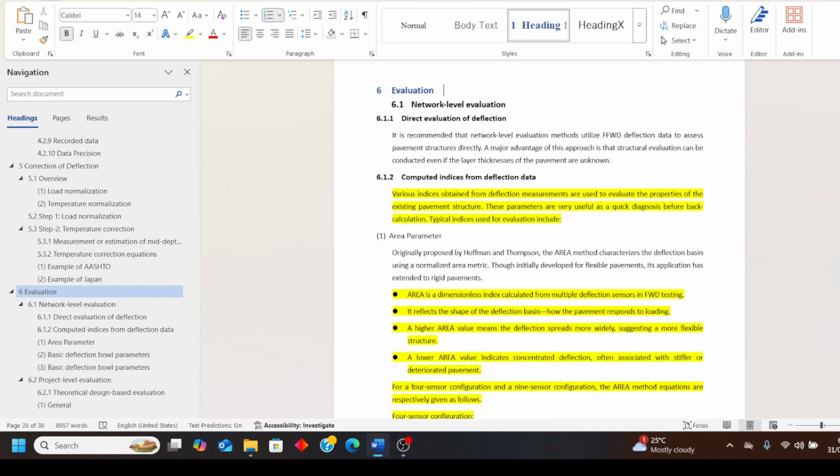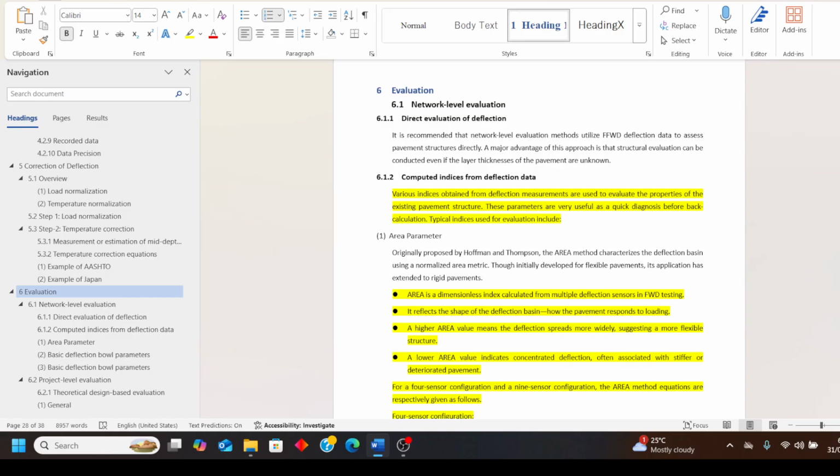Now coming to the last chapter of this manual, which is the evaluation. The general evaluation flow is that after we apply the corrections mentioned in chapter 5, FWD deflections are processed in two pathways. Number one is the network evaluation, and number two is the project level evaluation.